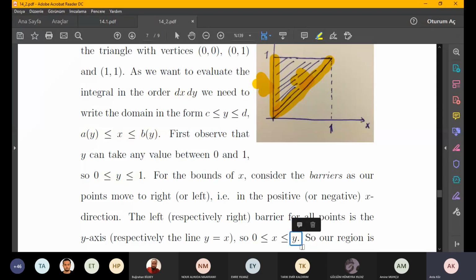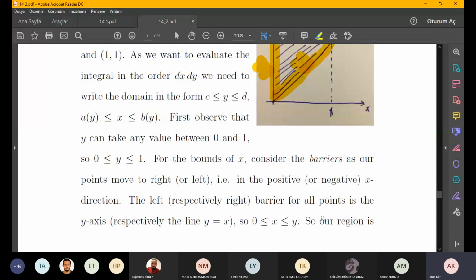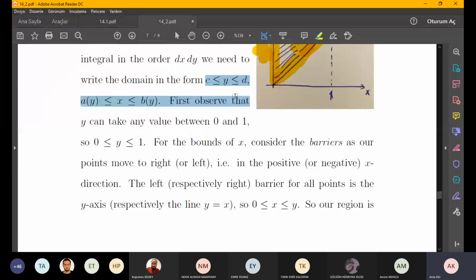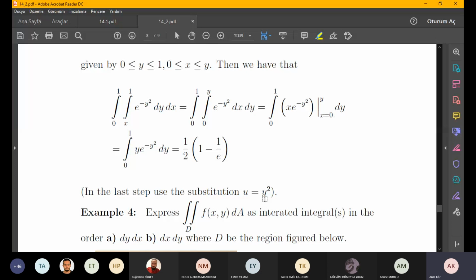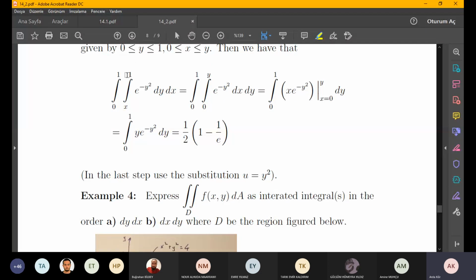So after this expression of the domain, now we can change the limits of integration. We can write it as the integral of e to the minus y squared, which is f(x,y).